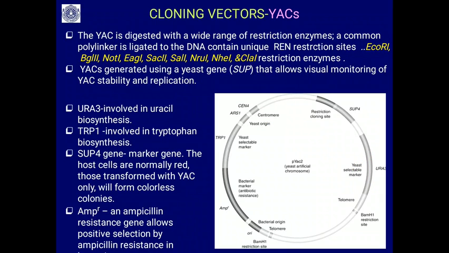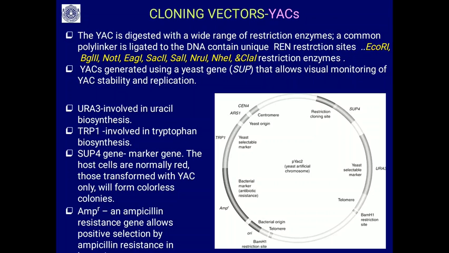So this yeast artificial chromosome is digested with a wide range of restriction enzymes. So there is a multiple cloning site, or else a polylinker, ligated. So this polylinker can be digested by many restriction enzymes.